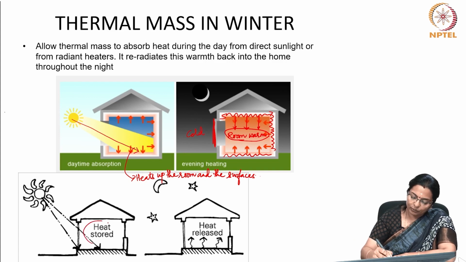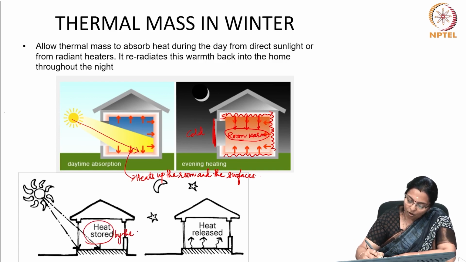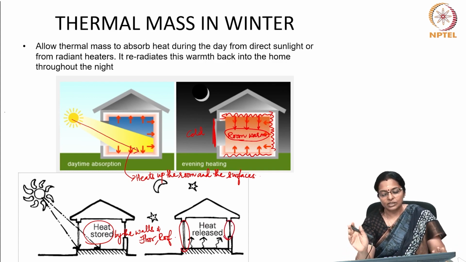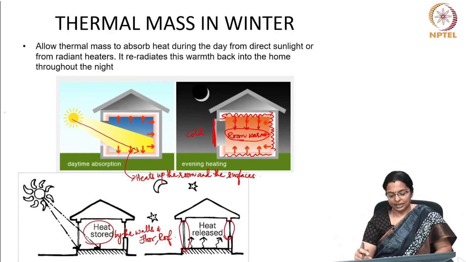So, this heat which is stored by the envelope, which is basically walls and floor, to some extent the roof also, is again released provided you close the window. All the openings should be closed so that you trap the heat.